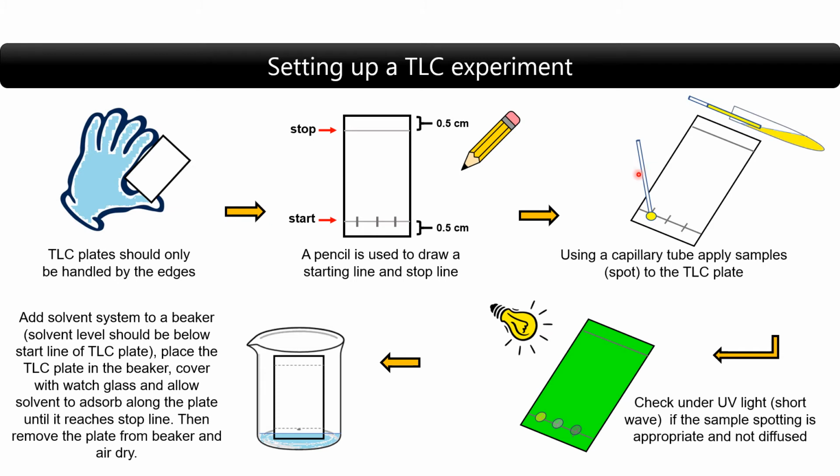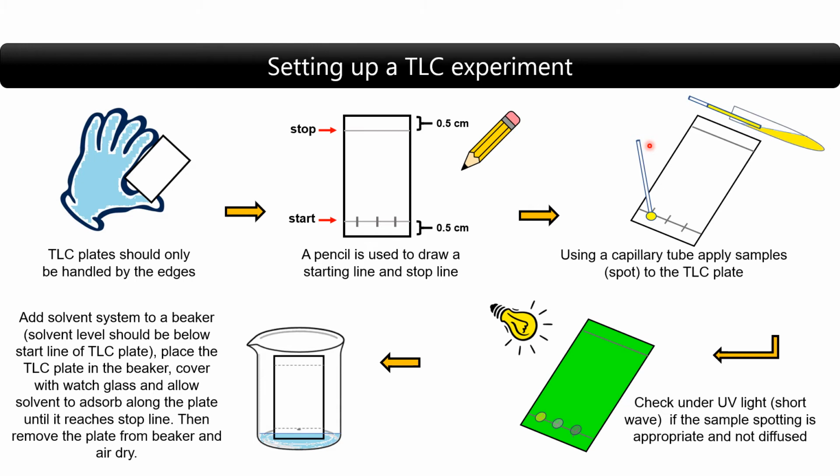We have to be very careful during this step, making sure that these capillary tubes are very clean, because if there were other compounds contaminating the inside walls of the capillary tube, our spotted compound will be contaminated and we will see other contaminating spots appearing on the TLC plate.